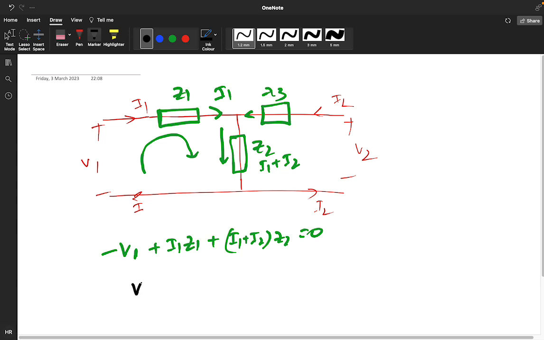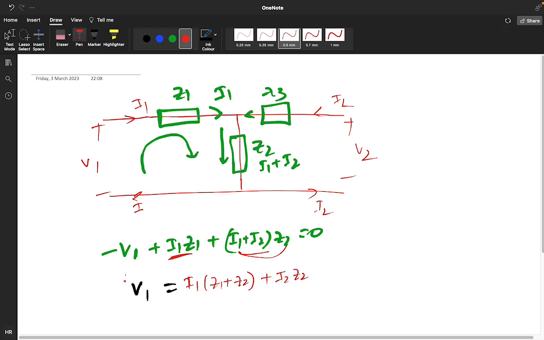Okay, so what will you get? You will get the V1 equation. This Z2 is common. This Z2 into I1 will give you I1 into Z1 plus Z2, and this is I2 Z2. Is this equation clear, Prasanna?